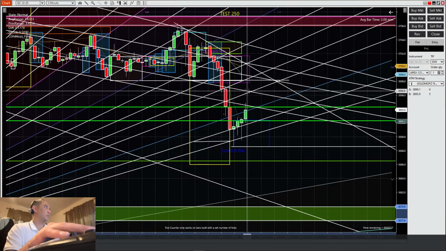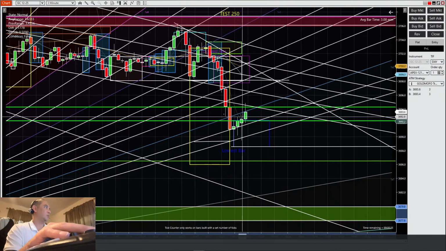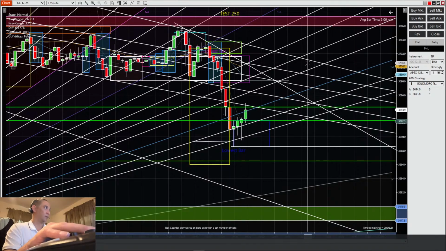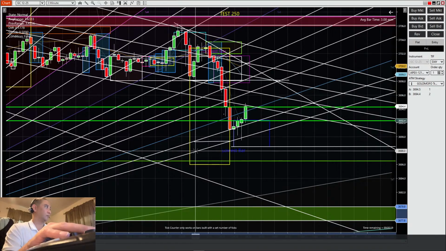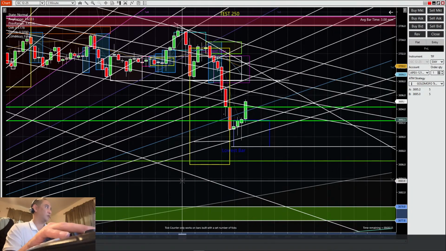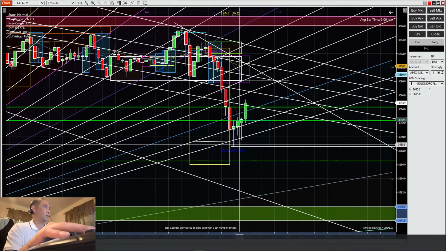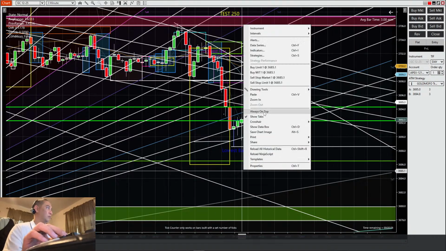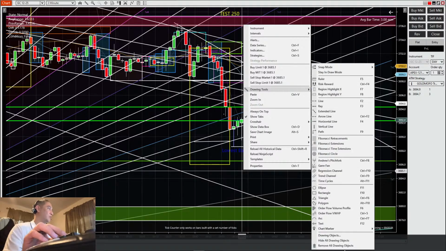Probably going to come back up and into this area. You got a lot of empty candles here. Not really sure how much this Gann fan thing is really helping me, but I'm probably going to get rid of all of it, honestly, because it's brain trauma.